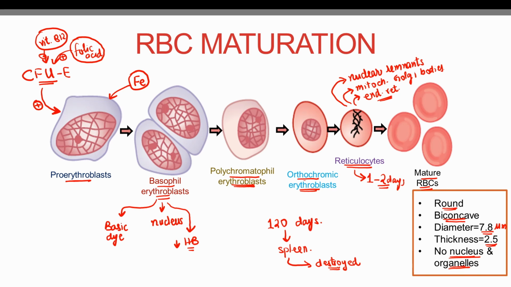The reticulocytes are released into the blood, and they remain in the blood for almost 1 to 2 days before they convert into mature red blood cells. The hemoglobin synthesis continues at the reticulocyte stage, and in the mature red blood cells, there is no nucleus and no cellular organelle.